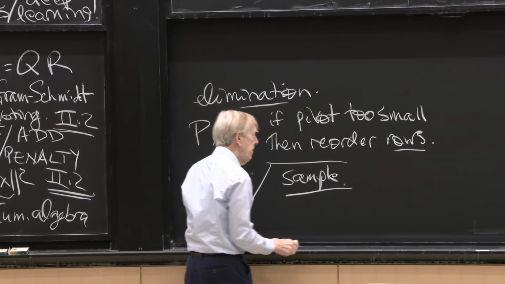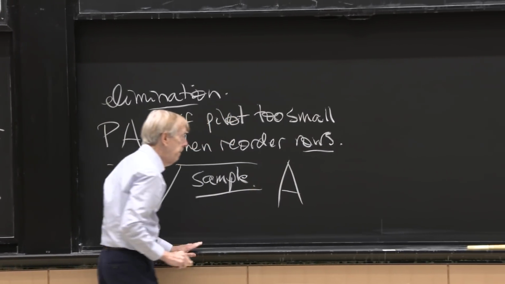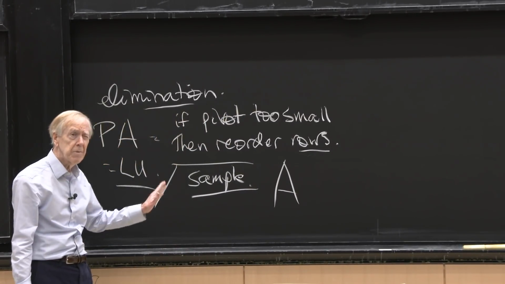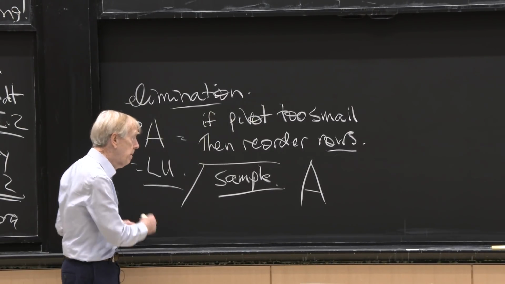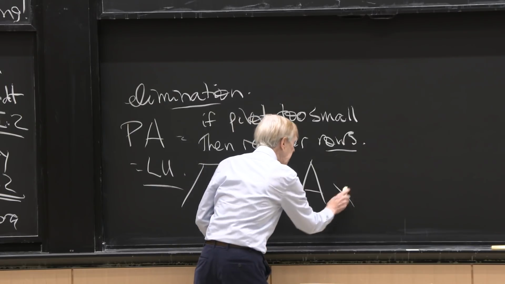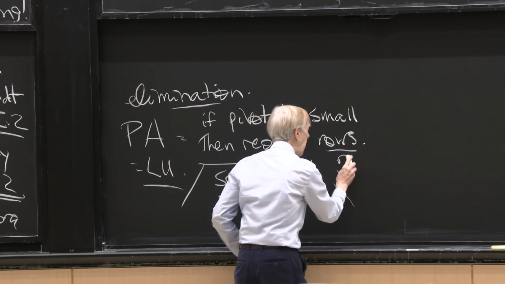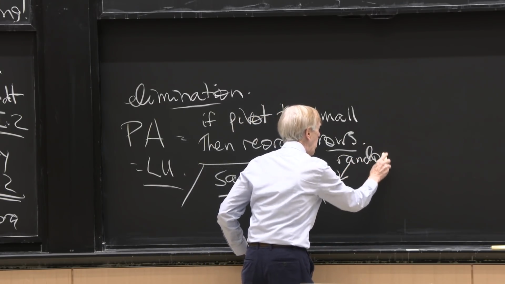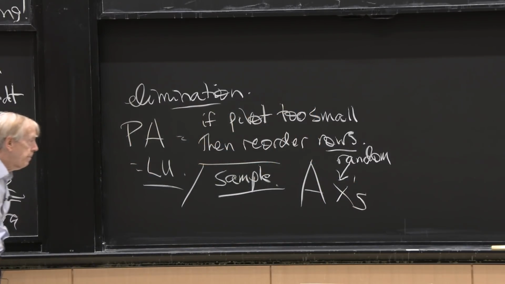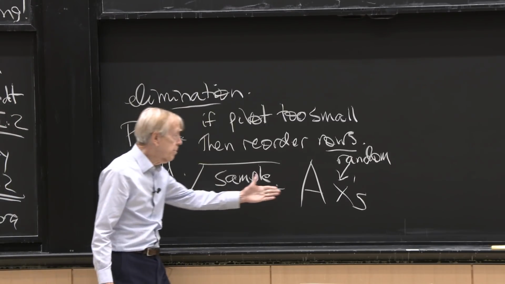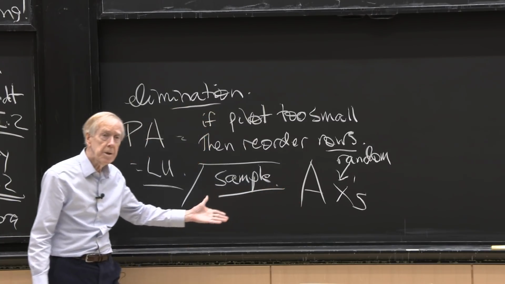Sample a matrix. So I have a giant matrix A. Might be sparse, of course. I didn't distinguish over there sparse things. That would be another thing. So if I just take random x's, more than one, but not the full n dimensions, those will give me random vectors in the column space.